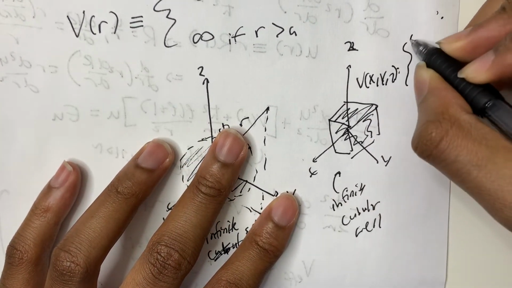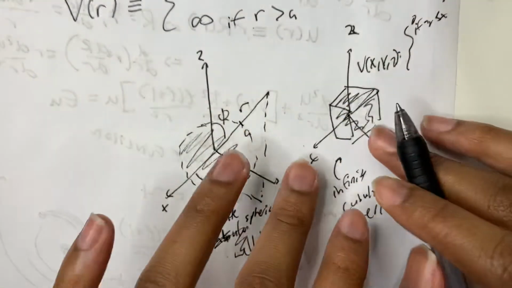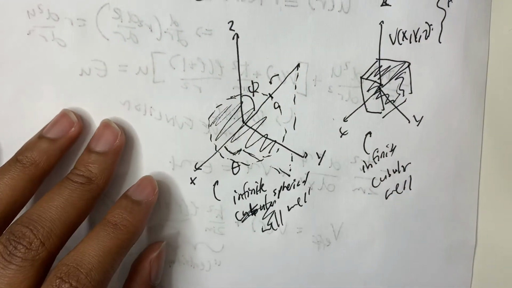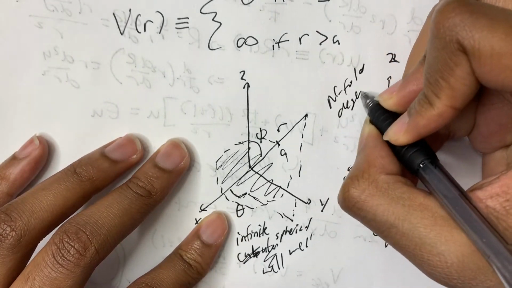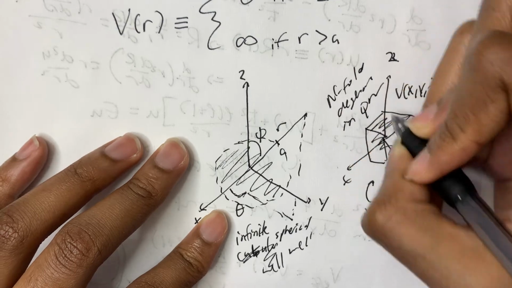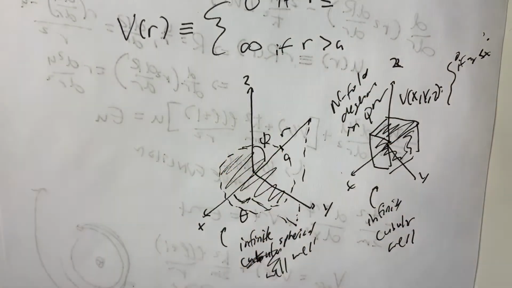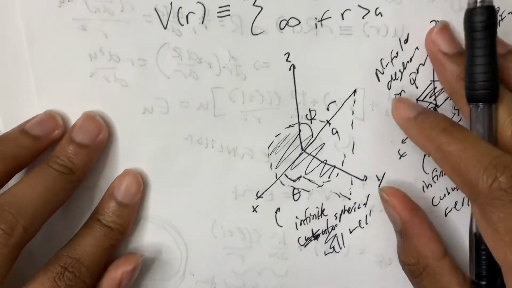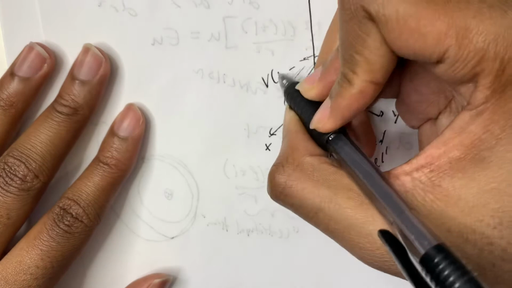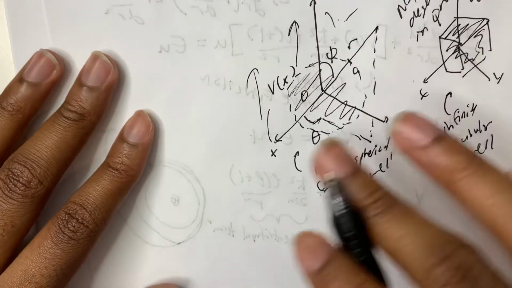It's 0 if x is within the bounds, the analogous thing. So I really recommend watching that video, N-fold degeneracy in quantum mechanics, because we solved a similar thing, but in Cartesian coordinates. But here instead we have spherical coordinates. And this is what our potential looks like. It's 0 here, outside it's infinity, it diverges.